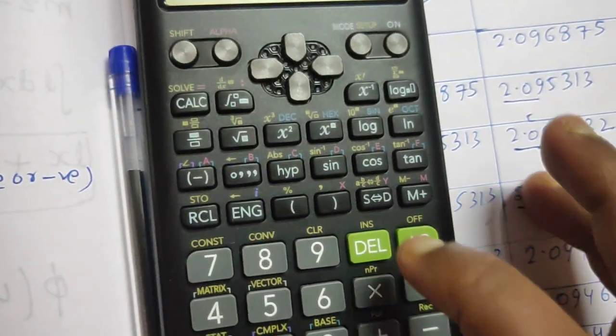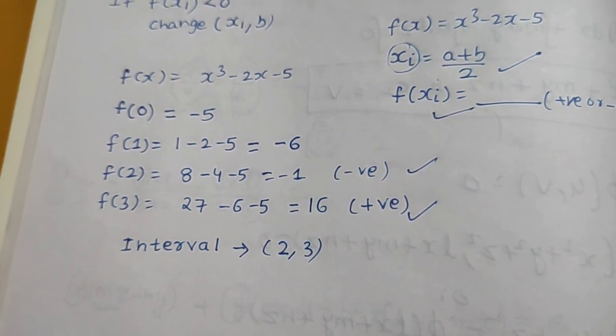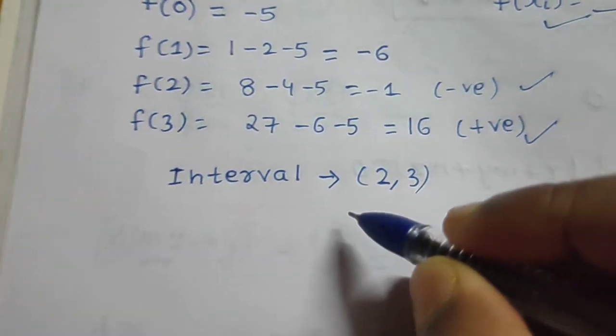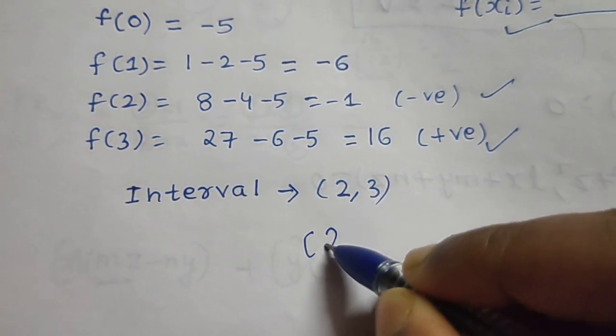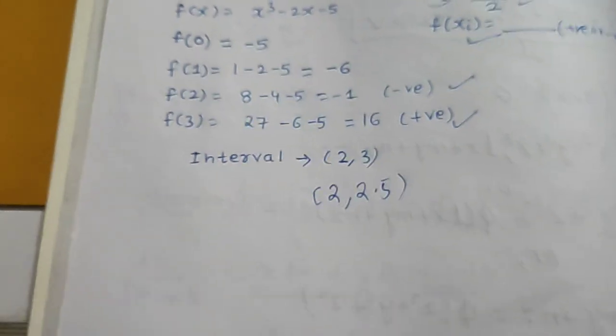This is positive. So at 2.5 it is also positive. Fine. And it is negative at 2. So this clearly says that your root, you can also take this interval between 2 and 2.5, because it is negative here, positive here.